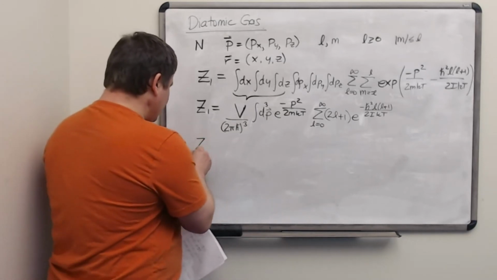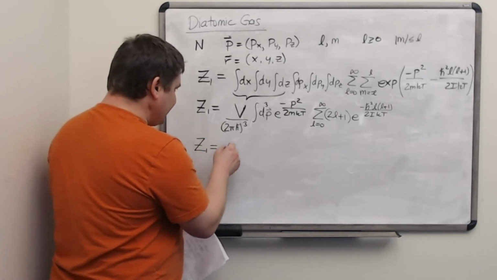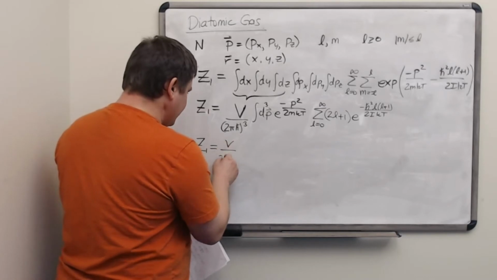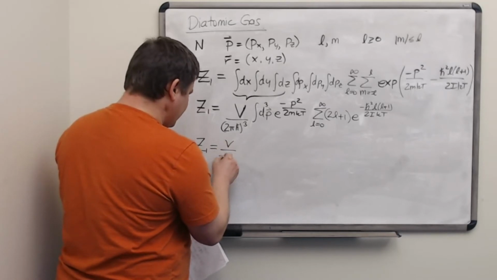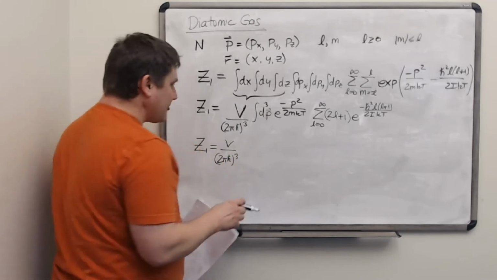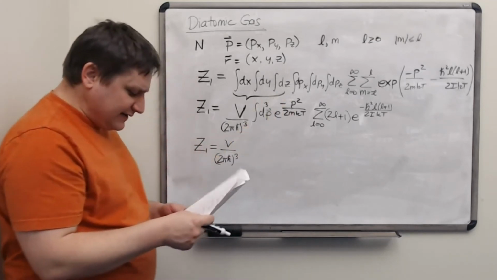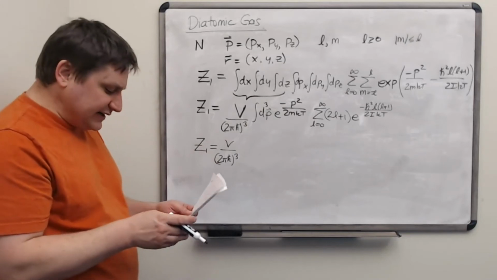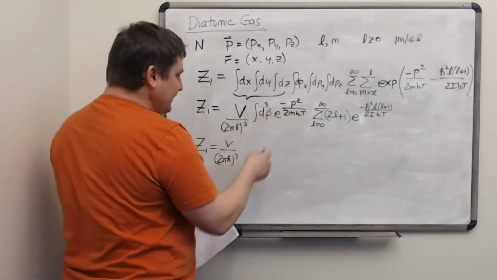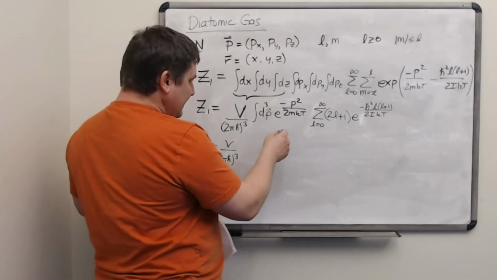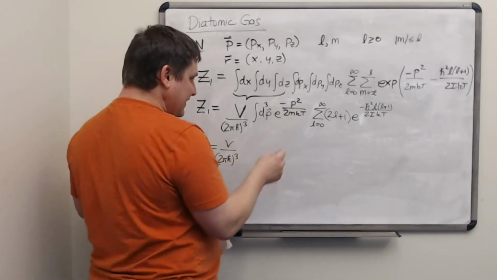Okay, so now we have a couple of integrals to work out. The first one here over momentum is basically just a Gaussian integral. It's a three-dimensional integral. It's got minus p squared times a constant.